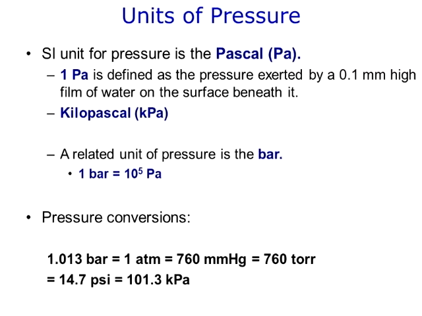A related unit of pressure is the bar, and bar is used a lot in analytical instrument labs. That unit is very popular in, for example, HPLC. So 1 bar equals 10 to the 5 pascals. These are conversion factors to be aware of.